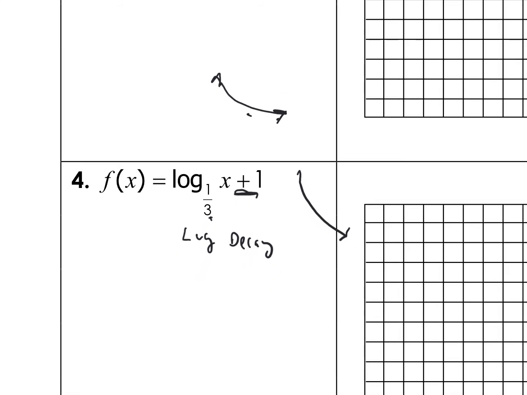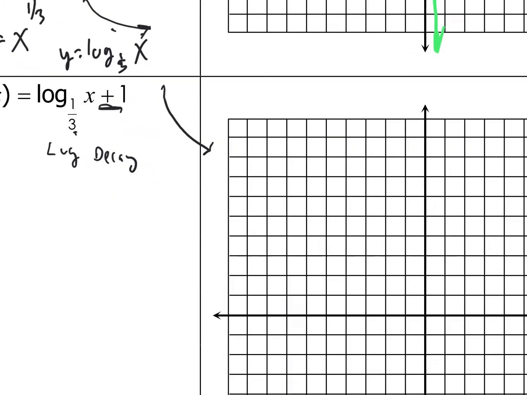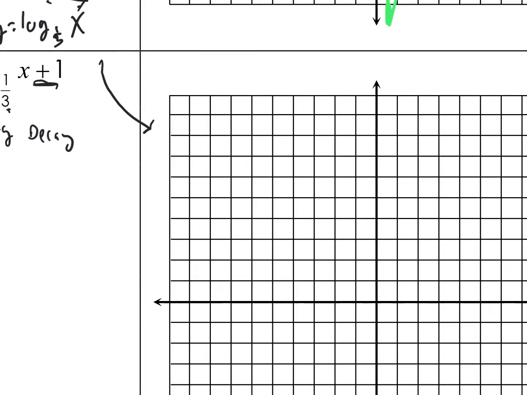If you graph them separately, if you were to graph y equals x to the 1/3, you would see it differently than log base 1/3 of x. If you were to graph those two together, you would see symmetry on the line y equals x. But anyway, it's going to be shifted one up.